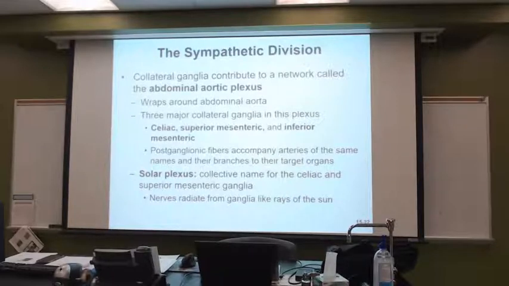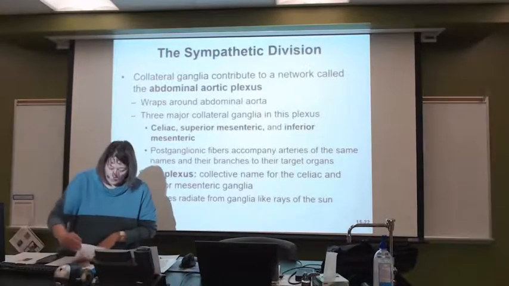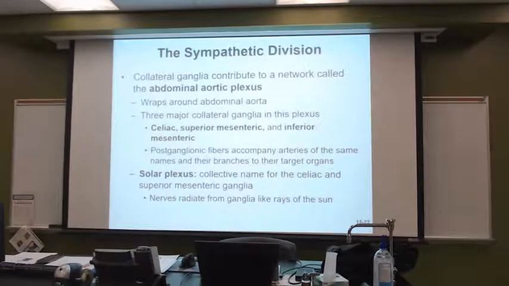So we're picking up at one of the parts that we looked at for this division, because remember, we're talking about the autonomic nervous system, and we're looking at these two divisions, the sympathetic and the parasympathetic. And one of the things that we looked at was how we had these ganglia.